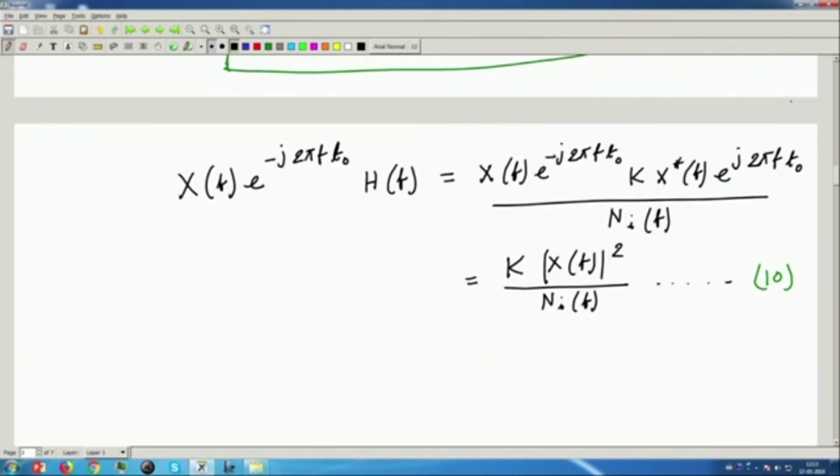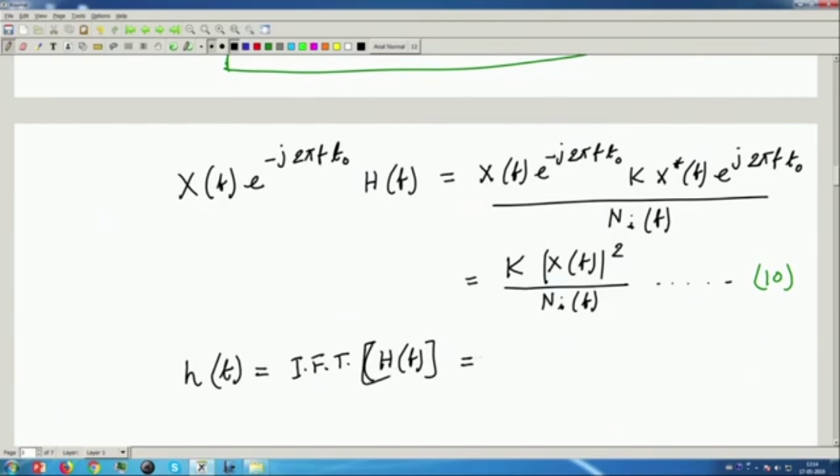So, I can say, what is the impulse response of the matched filter? It is the inverse Fourier transform of H(f).